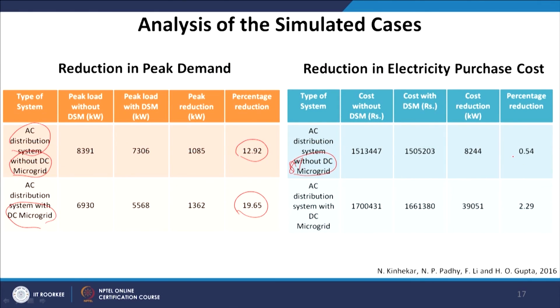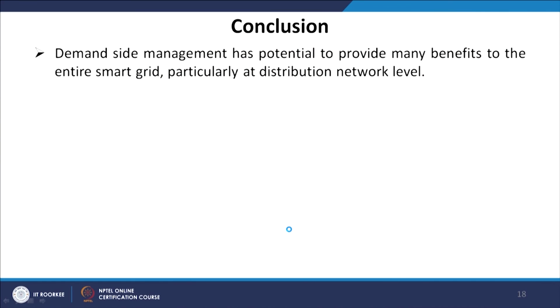Now, even the purchase cost, the energy cost, when you do not have the DC microgrid, the cost reduction for the utility, so for the consumers, is going to be 0.5%, whereas it is 2.3% when you have DC microgrid in place. With this, let us conclude: demand side management has the potential to provide many benefits to the entire smart grid, particularly at distribution network level.